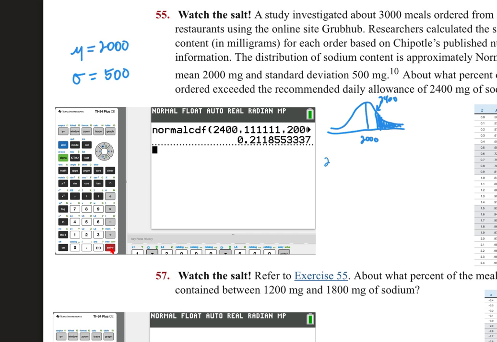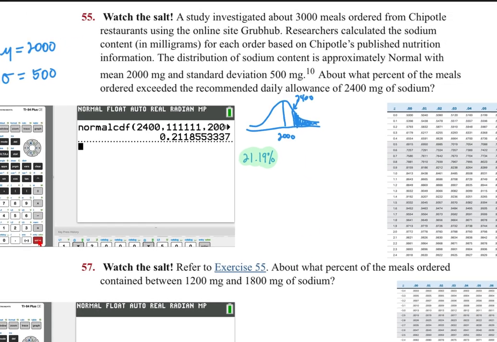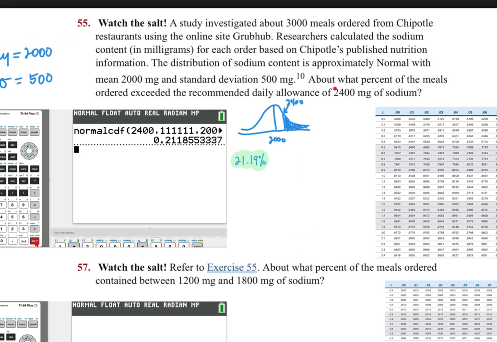So we'll say 21.19%. Okay, so they say about what percent of the meals exceeded the recommended daily allowance of 2,400, and so that's about 21% of the meals.